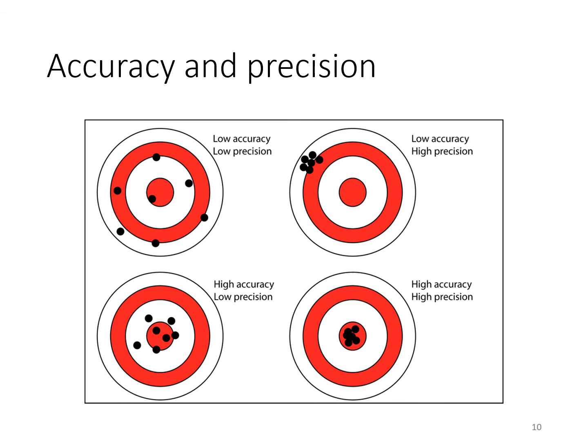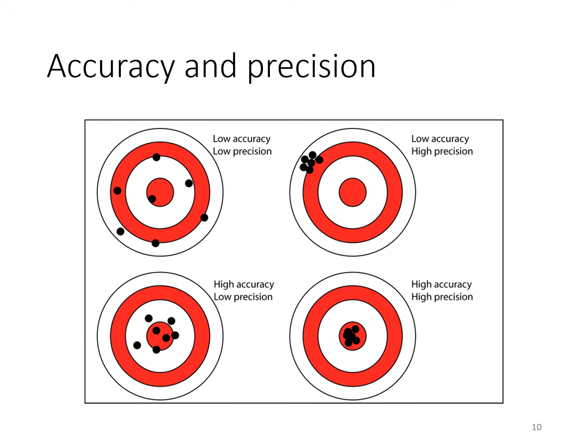What we want is data that's all centered around the bullseye, as we see here, in which case we have a high accuracy and a high precision. On the other hand, with the upper right-hand figure, what we see is we have all this data that's clustered, so we have a high precision and we have a low accuracy. It's nowhere near close to that bullseye.